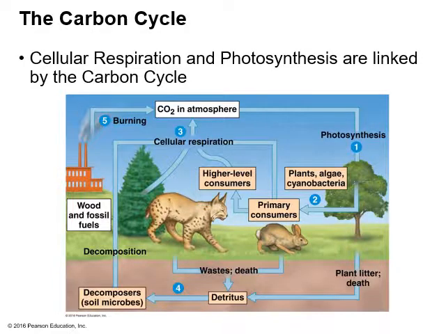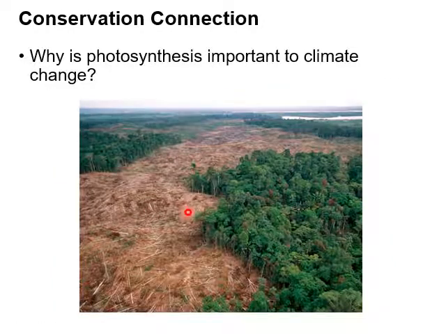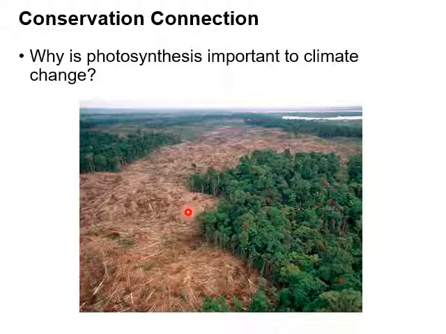Okay, one last thing I want to talk about is why photosynthesis is important to climate change. We just talked about with the carbon cycle why climate change is occurring: carbon that is outside of the carbon cycle, stored in the earth, is being put back into the carbon cycle by burning of fossil fuels.